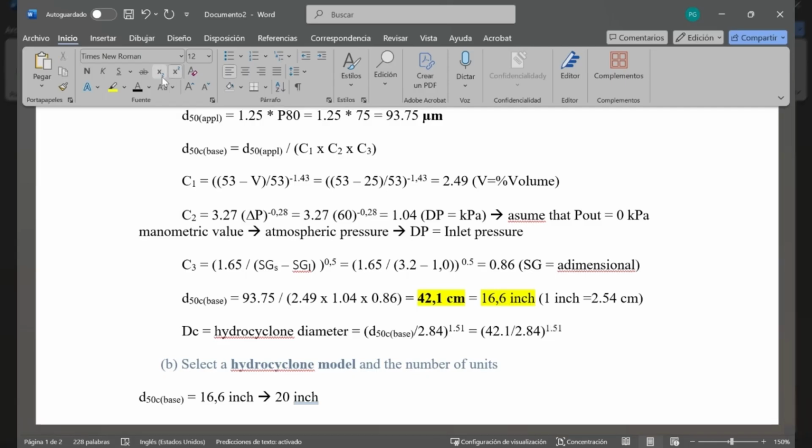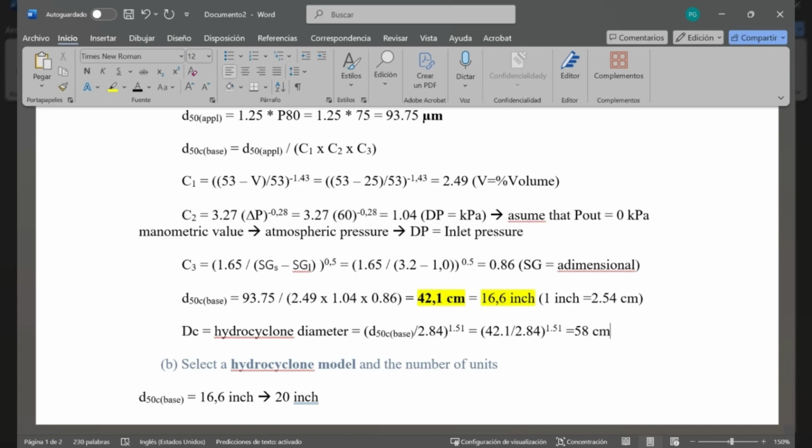And that result is probably going to give us the same result as before. I don't think this is going to be higher than 20 inches anyway. So this is 42.1 divided by 2.84, and all of that to the power of 1.51. And this is 58 centimeters.